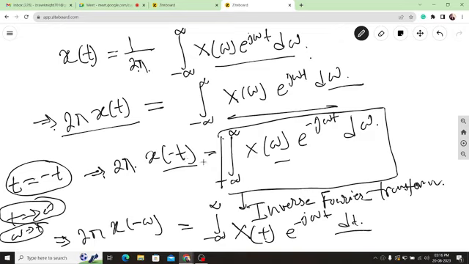So from this we can conclude that the Fourier transformation of x of t is 2 pi x of minus omega.